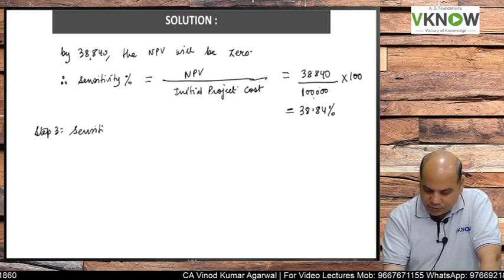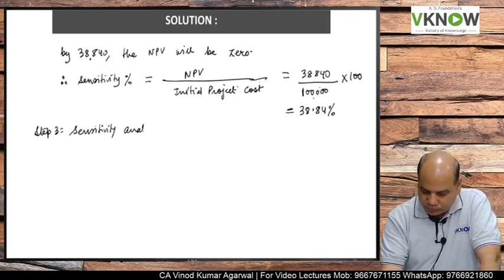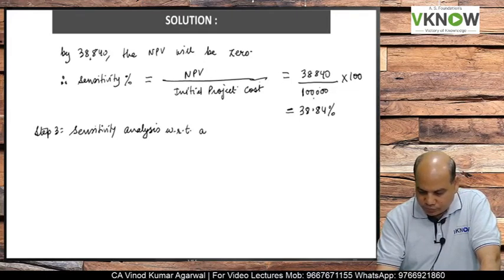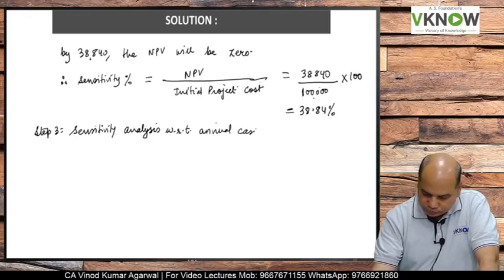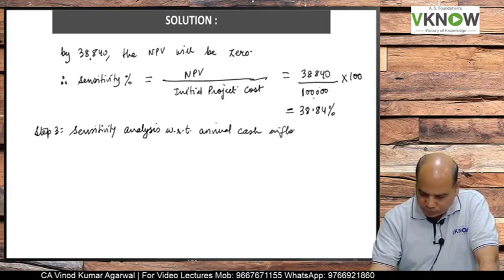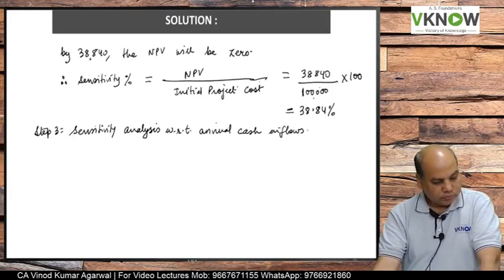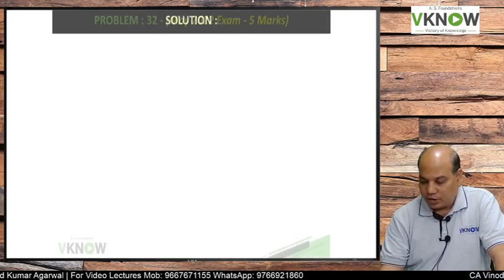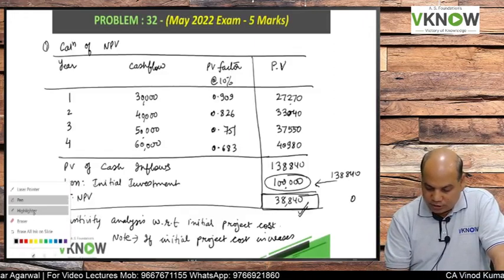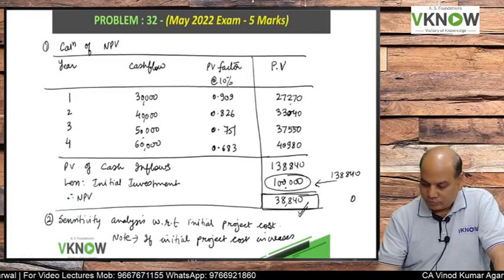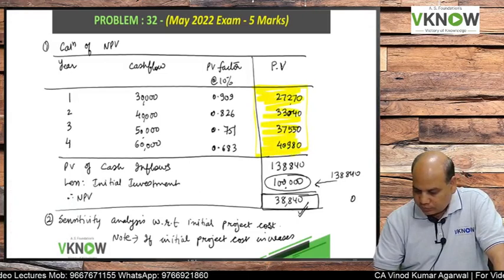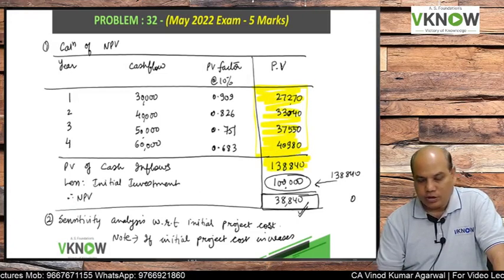Step 3, sensitivity analysis with respect to annual cash inflows. Now this is again on the screen. Strategy of presentation: the PV of cash inflow is 138,840.